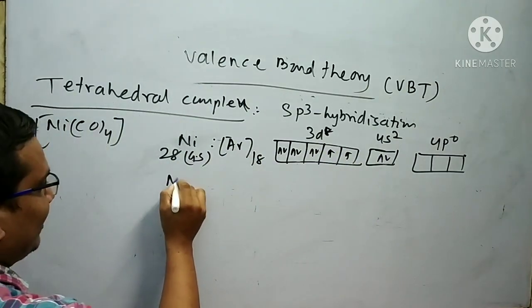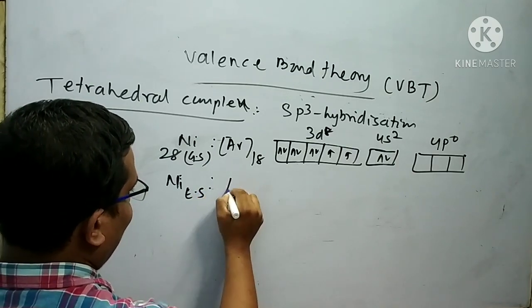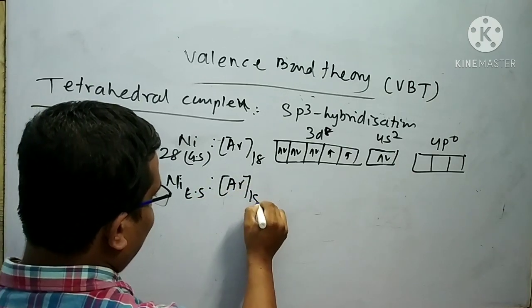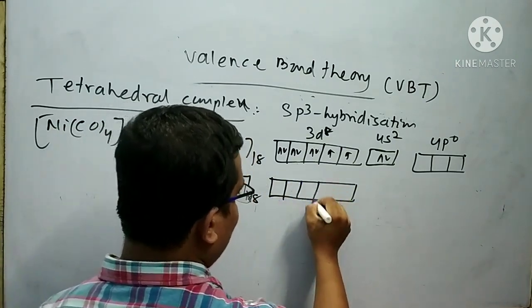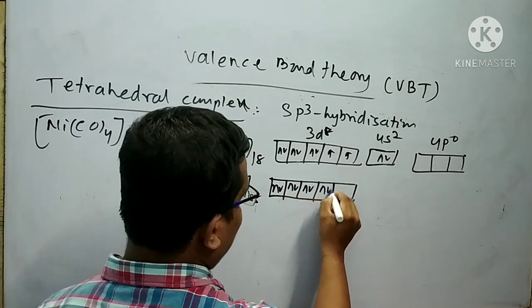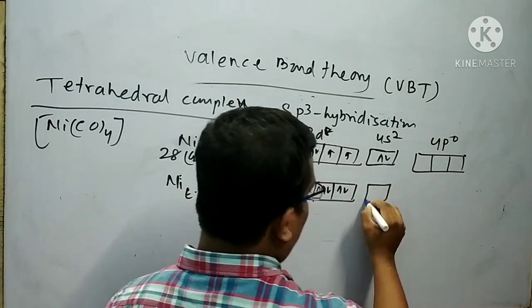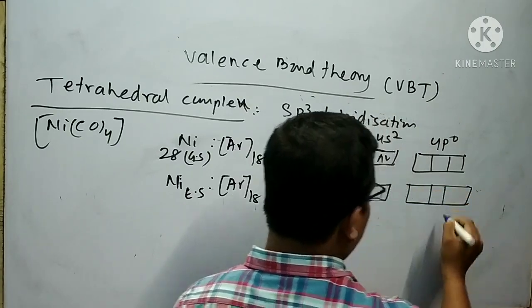So I can write the excited state of nickel like this. Argon 18, and in the 3d orbital, the electrons are arranged like this. Now the 4s orbital is empty.